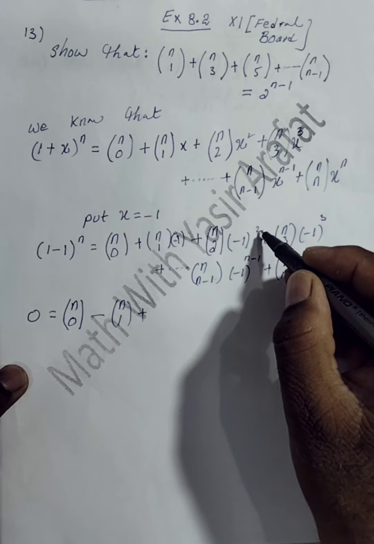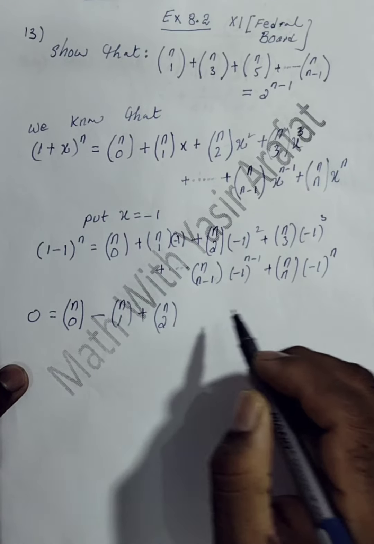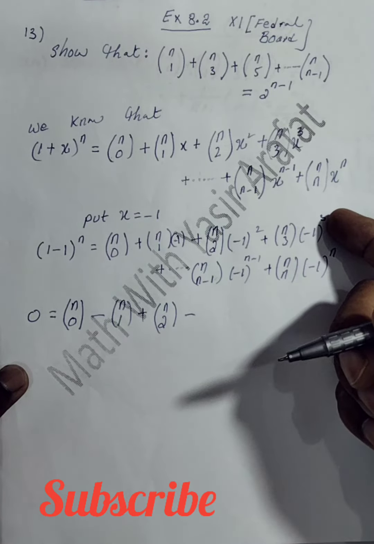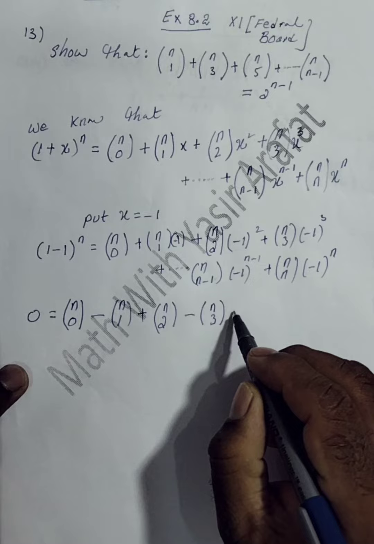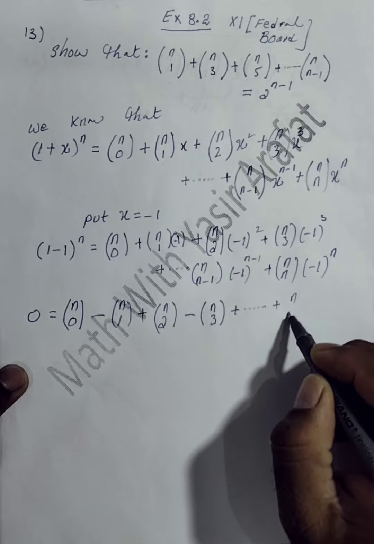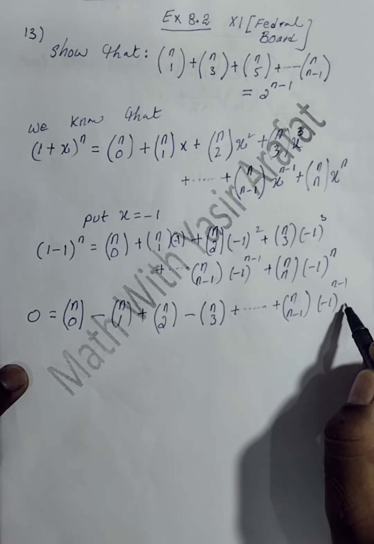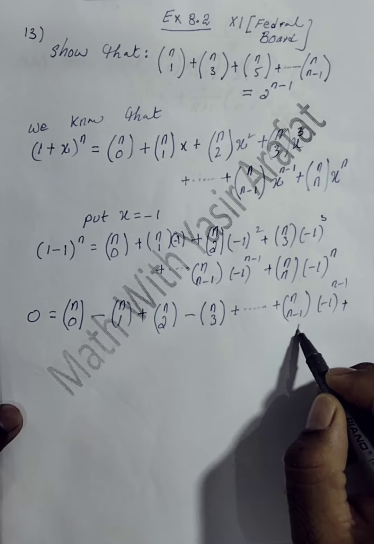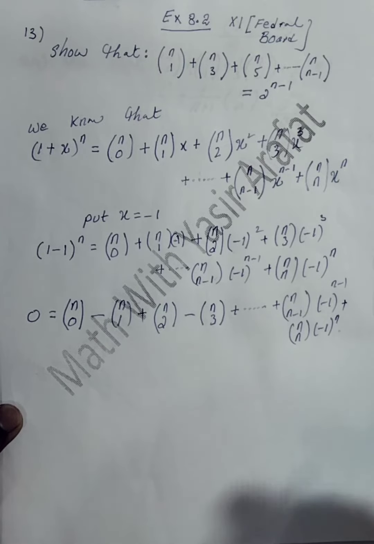Here minus 1 cubed, so the negative remains negative because the power is odd, so minus nC3, and so on, up to nC(n-1) with (minus 1)^(n-1), and plus nC n with (minus 1)^n.